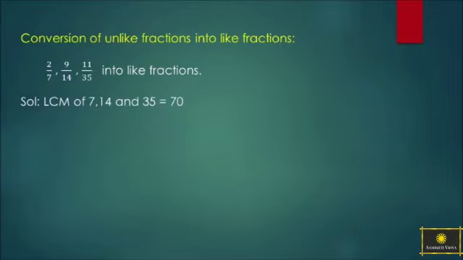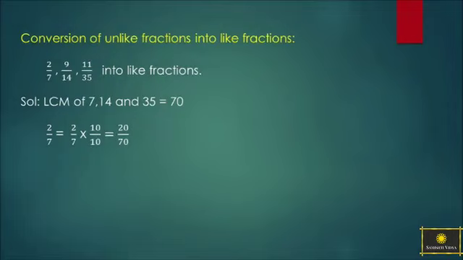Now we need to convert each fraction into a like fraction with denominator 70. To convert the fraction 2 divided by 7 to the denominator 70, we need to multiply the denominator 7 by 10.